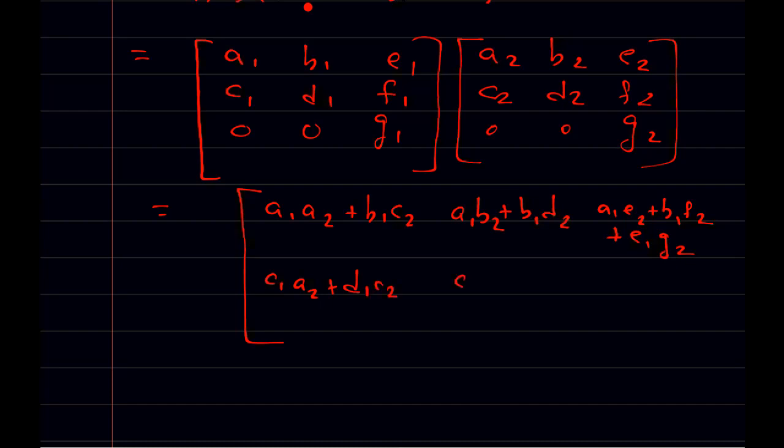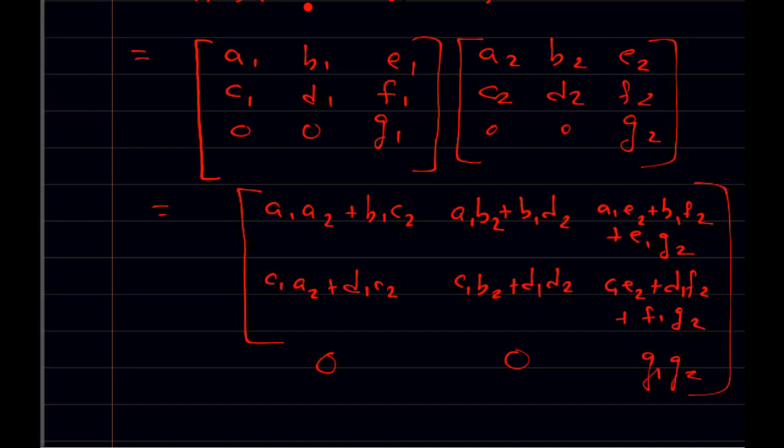Here I'll get C1 B2 plus D1 D2, and here I'll get C1 E2 plus D1 F2 plus F1 G2. Here I'll get a 0, here I'll get a 0, and here I'll get G1 G2.